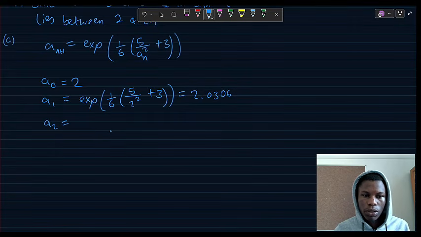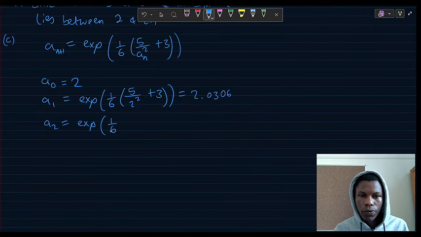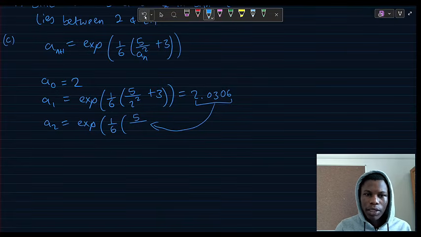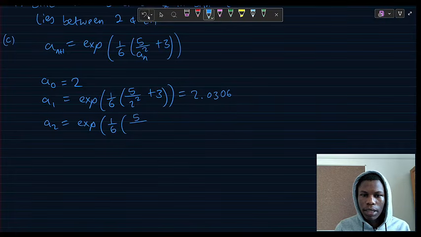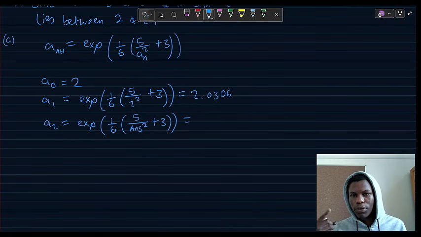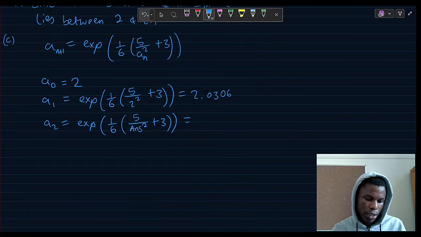And then we're going to do a2, the exponential of 1 over 6 times 5 over... So instead of trying to rewrite this value there, because we want the result of the previous iteration, I'm going to use a function on the calculator that stores the result of the previous iteration, and that's the ANS button, which you find in most calculators next to your equal sign. So you can use that and say answer squared plus 3, because it stores the result of your previous iteration. So where you initially had your a0, replace with ANS.